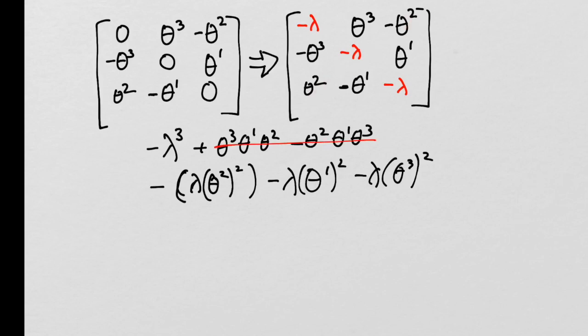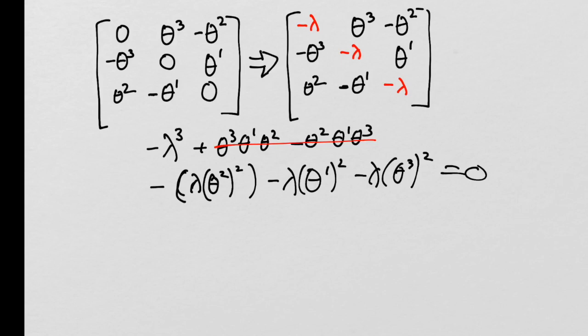And this way you get a minus sign for everything, but this minus sign will cancel, so you get lambda theta 2 squared, lambda theta 3 squared, and then theta 1 squared, like this, right? So now what do we do? Well, we set this equal to 0, and that'll be the characteristic equation.